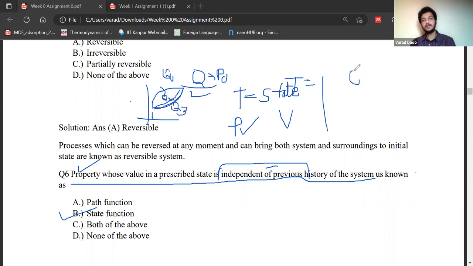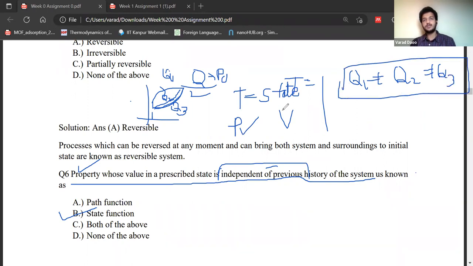And it's possible that Q1 is not equal to Q2 is not equal to Q3, right? Such quantities are called path functions. But a state function, like temperature, irrespective of whether we follow this path or this path or this path, will have the same value here. Let's say T1, and here T2.